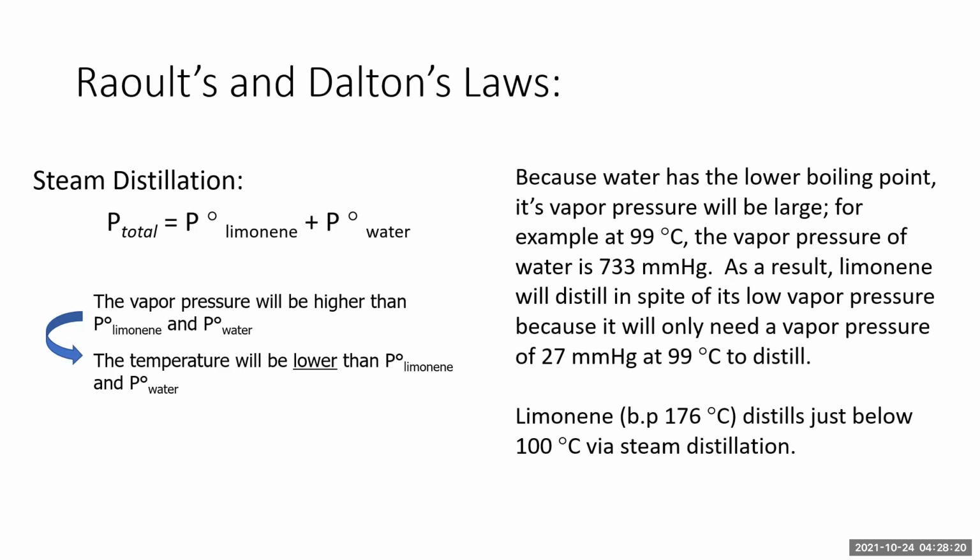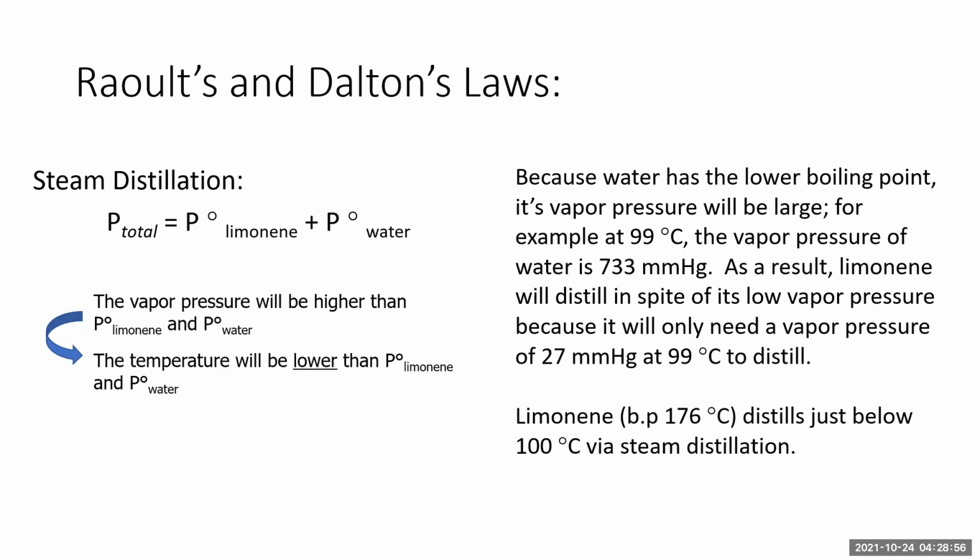So it boils below both components' boiling points individually, which is really helpful because if we had to heat limonene all the way up to 176 degrees Celsius, at that temperature, things can happen like decomposition of molecules, and so that's not ideal. So it's better if we can find a way to boil it at a lower temperature, which is why we take advantage of the vapor pressure produced from water.